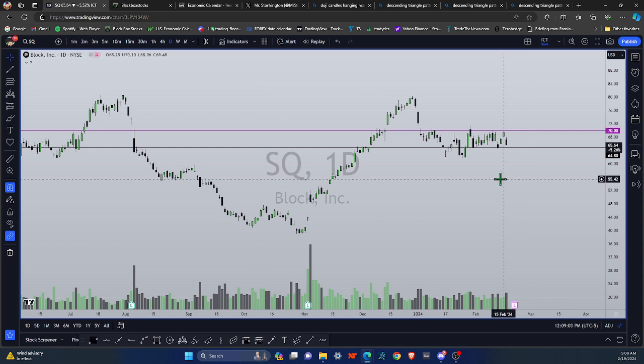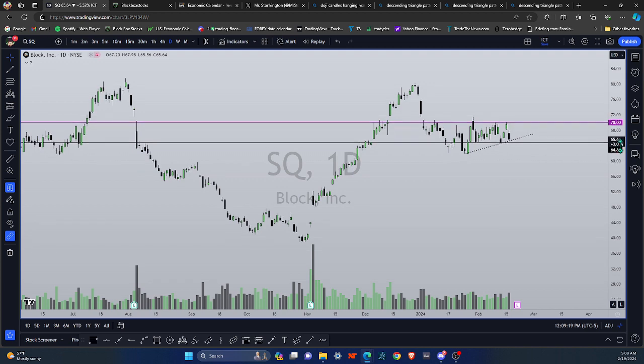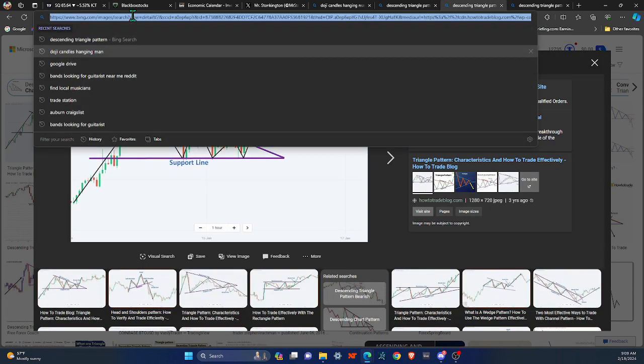Let's see what else we got. If I was going to do trend lines, I think it would look kind of bearish as well, like a bear pennant after we sold off the top. Let's see. This one could actually be a good example of, let's see, it almost looks like an ascending triangle.